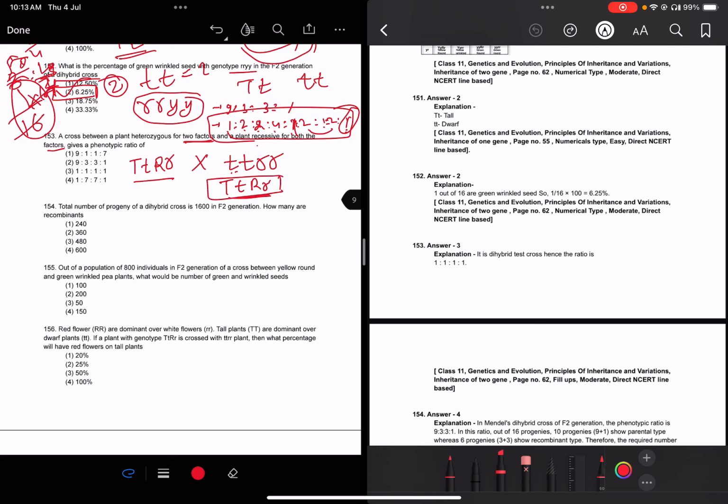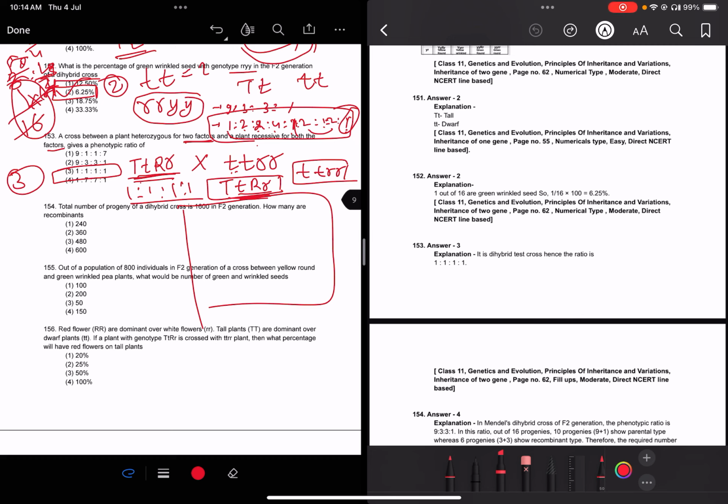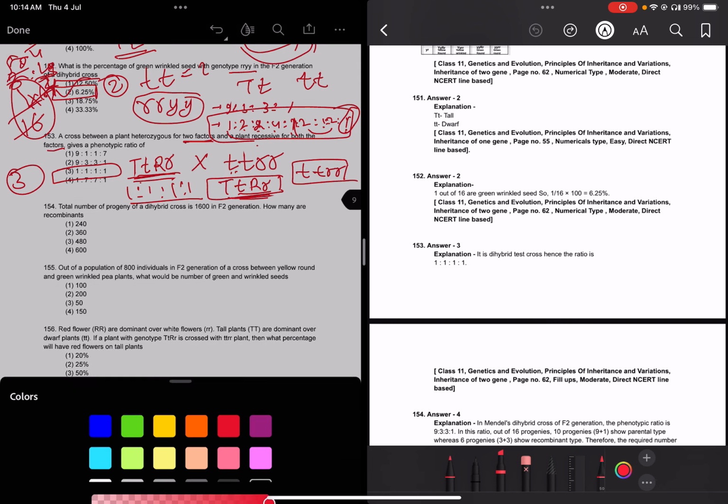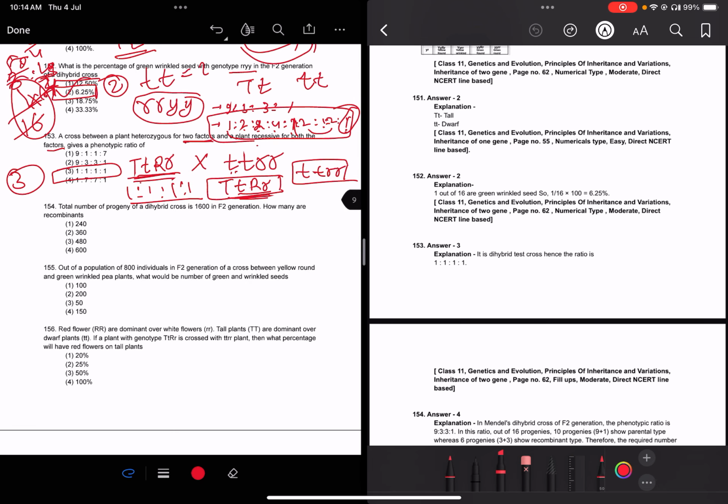Maximum two dominant characters will come like this and all recessive characters like this. So all phenotypic ratios come under only one ratio. So the solution is the third option. Tallness with round seeds comes only like this. You can draw a Punnett square and solve it, but after solving you also get only this.